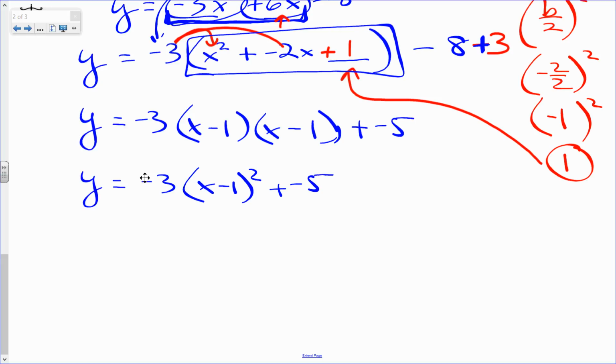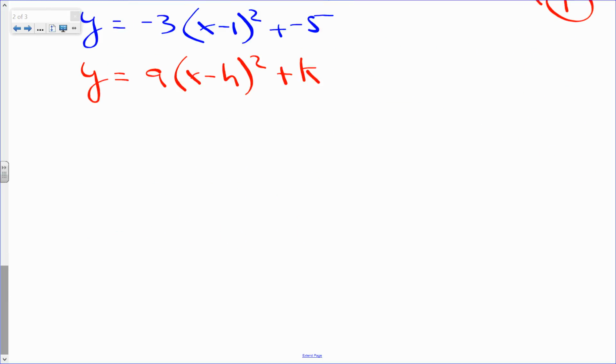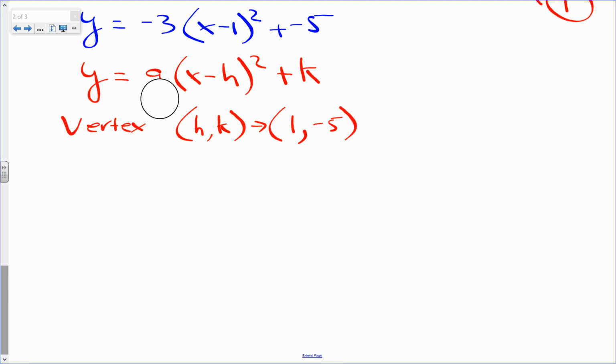Vertex form is a times x minus h squared plus k. So the vertex is h, k, yeah? Right, h is 1 and k is negative 5. There's your vertex. By the way, my a looks like a 9. Sorry about that. There you go.